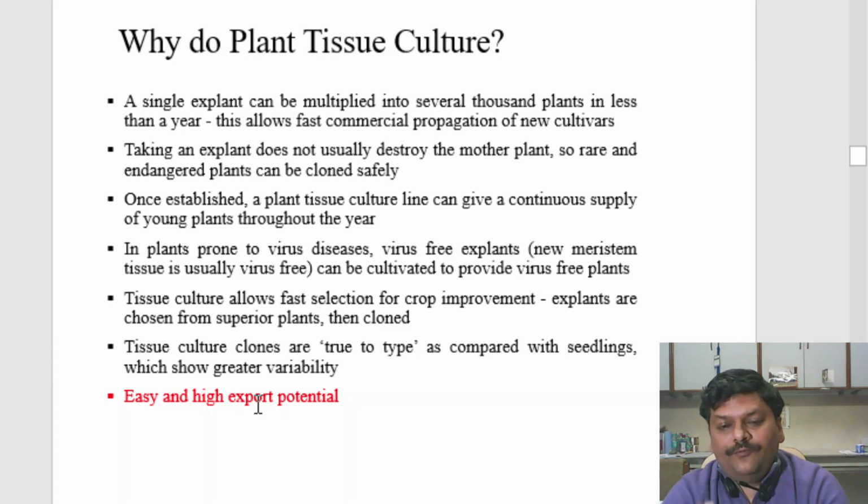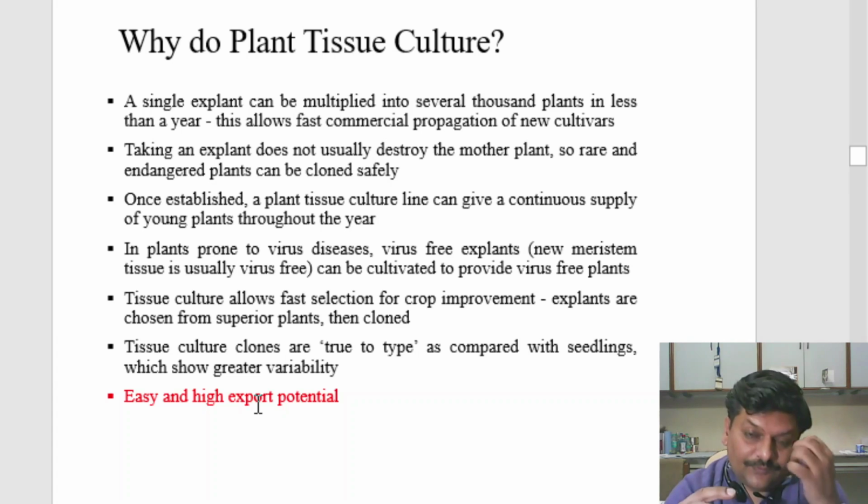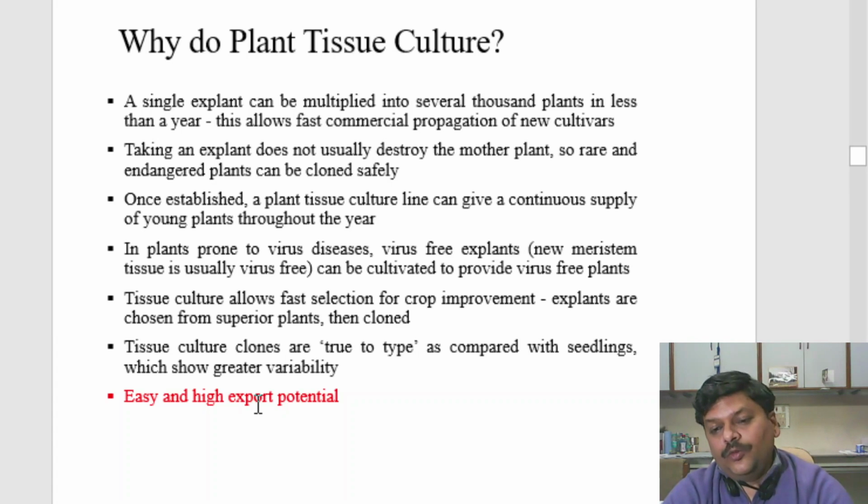Another benefit is if we have established a particular system for a crop of choice, then we can keep on producing our plants for many years, 10, 20, 30 years, without disturbing the original source of the explant.